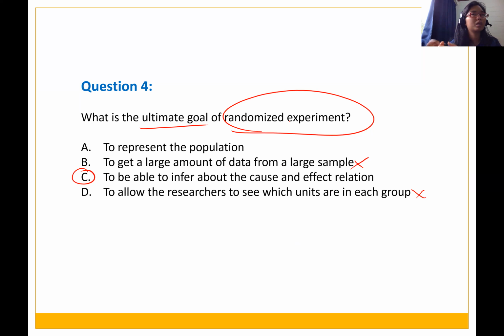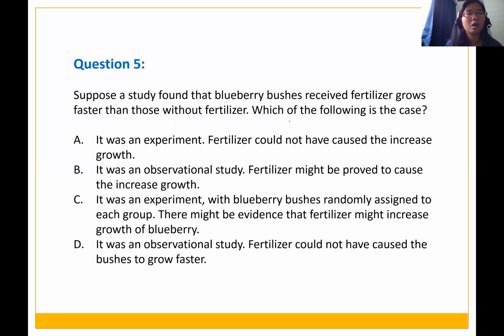You cannot have much control over the subjects that you put into testing or the samples. So that's why you cannot draw cause and effect relations if you are doing an observational study. But here we have a randomized experiment, which means that it's an experimental study. So pretty obvious for this. Now, let's do question 5 and one more to go.